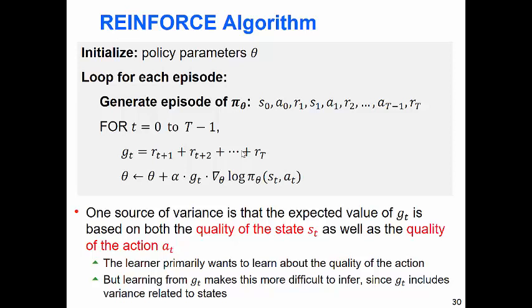And really what we care about when updating the policy is how good is the action relative to other actions in this room, and how good are the actions in this other room relative to actions in that room, as opposed to comparing actions from the two rooms.